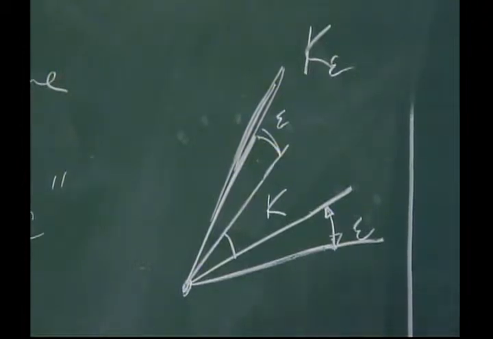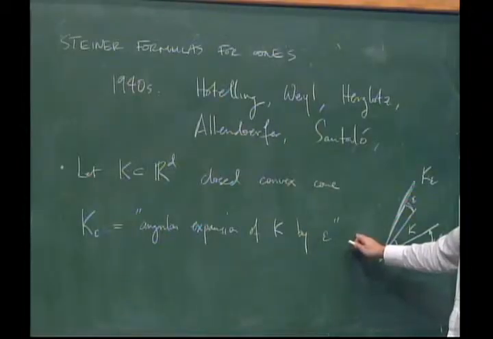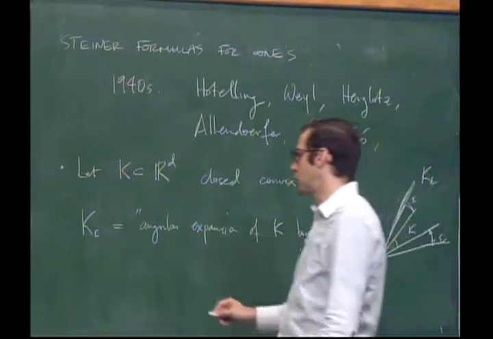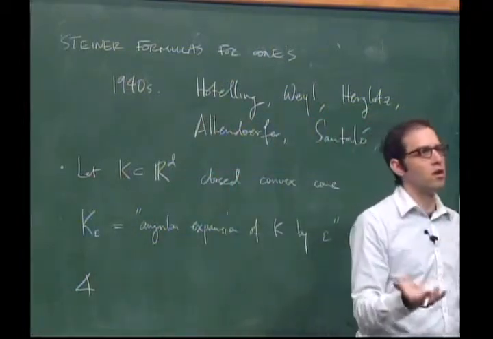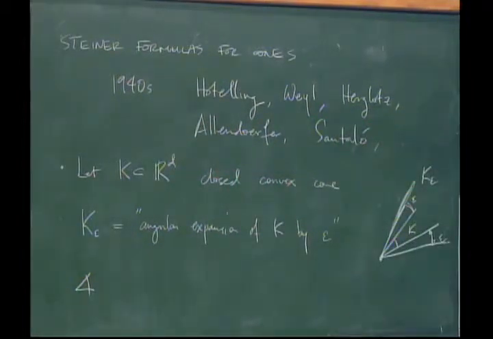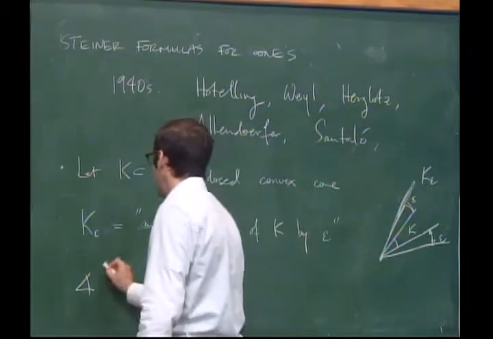Okay. And so the question is, can you compute the angular expansion of the cone in a similar fashion? So what's the volume of the angular expansion? Well, here when we're talking about volumes, we really want to talk about the proportion of the sphere that the cone subtends.